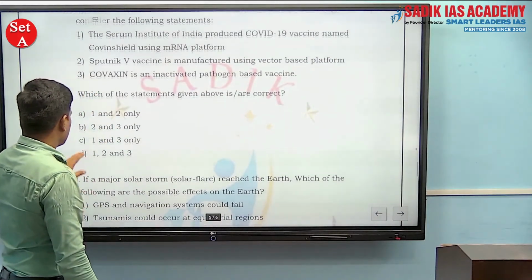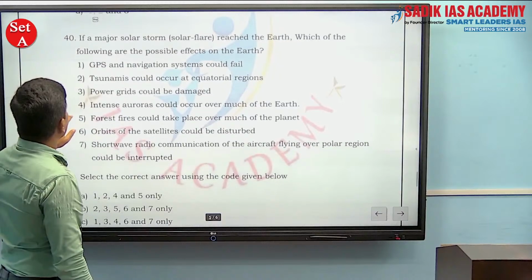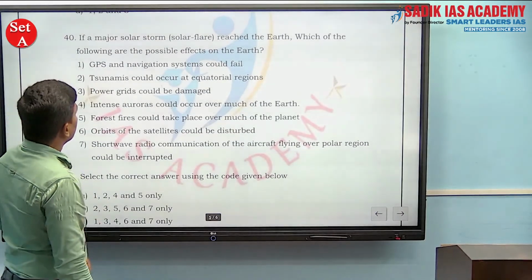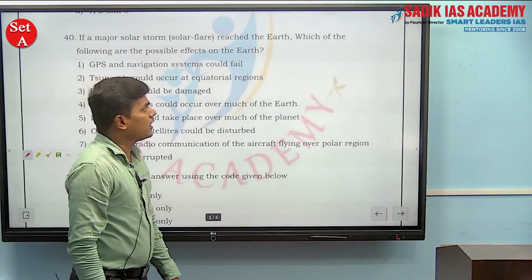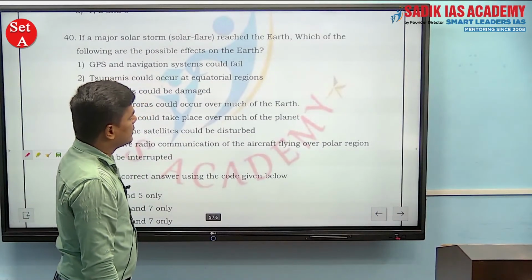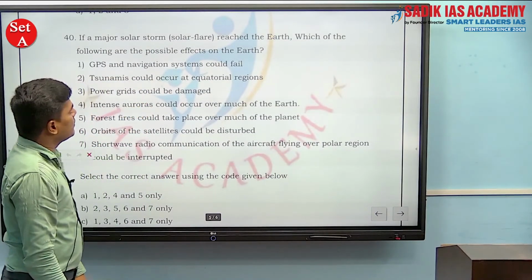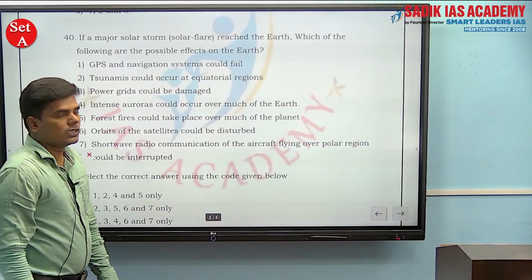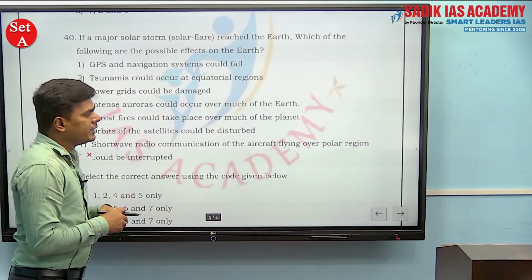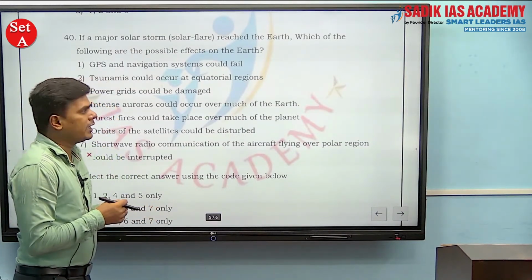And then question number 40: if a major solar storm, a solar flare, reaches the earth, which of the following are the possible effects on the earth?